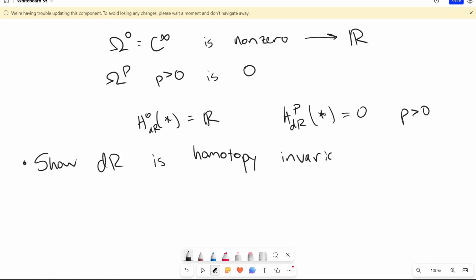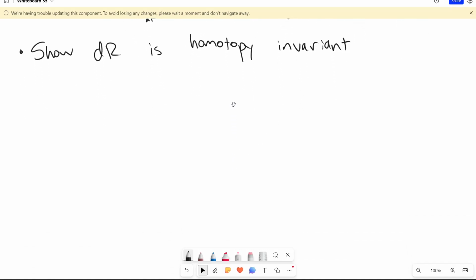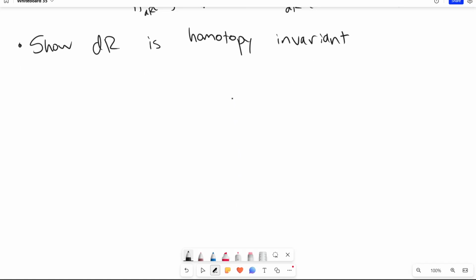Now the crux of the proof of homotopy invariance is this formula. It's Cartan's magic formula. So I'm going to write down the formula and I'm going to interpret it in a few ways. One of the ways suggests how we'll use it, and one of the ways suggests how we'll prove it. So let me first talk about how we want to use it.